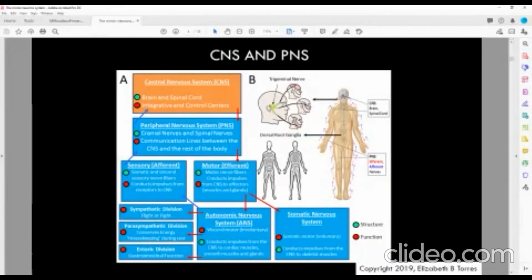And so the motor efferent information is further subdivided into the somatic nervous system for somatic motor voluntary control, and that's particularly formed by skeletal muscles. And you have also the autonomic nervous system with visceral and involuntary functions, and that's scaffolded by cardiac muscles. So these are two different types of muscles that we have.